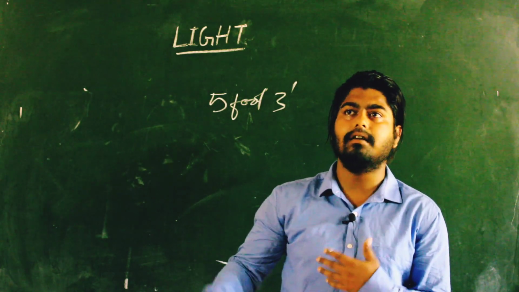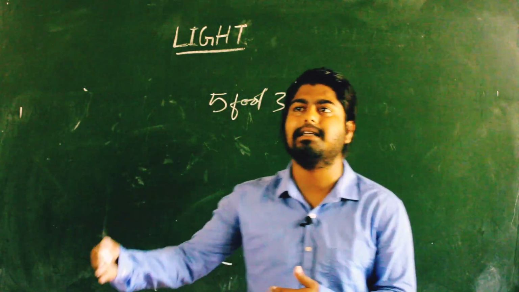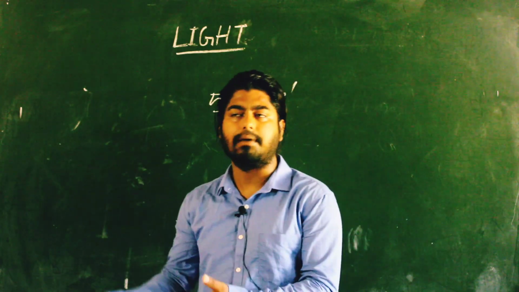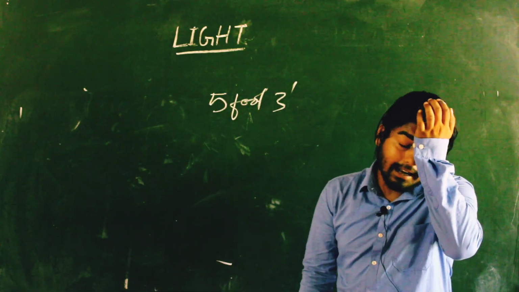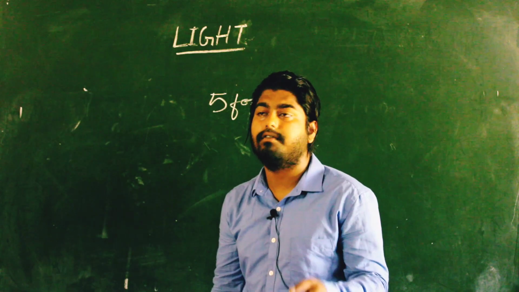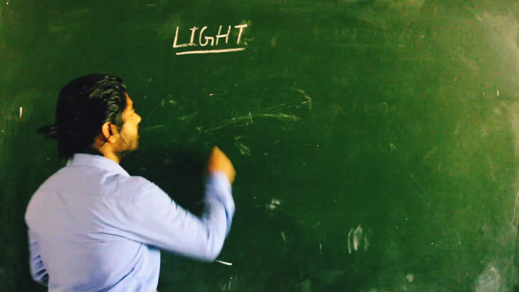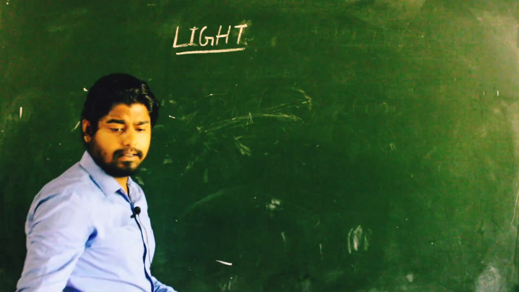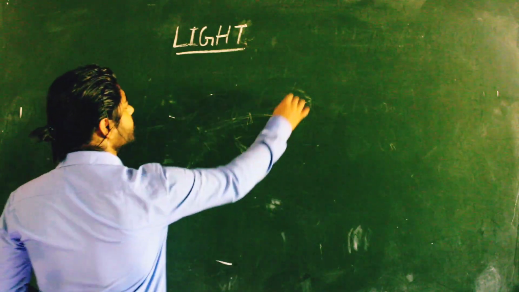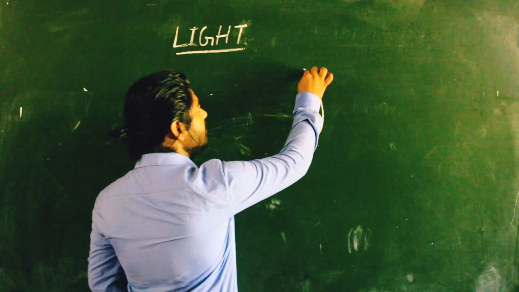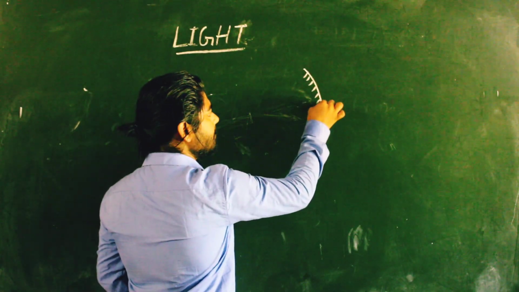So it's like the real world has been depicted by the plane mirror. So we don't study or do calculation with the plane mirror. But you will get a lot of calculation for concave and convex. A concave mirror is a mirror which is curving inside, and the reflecting surface will be on this side.